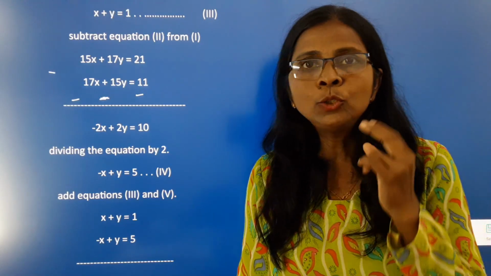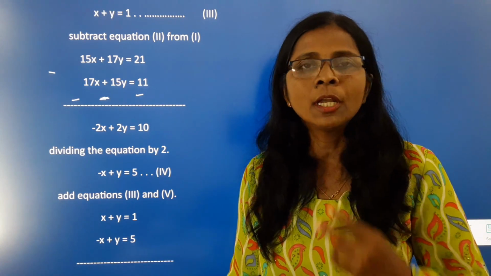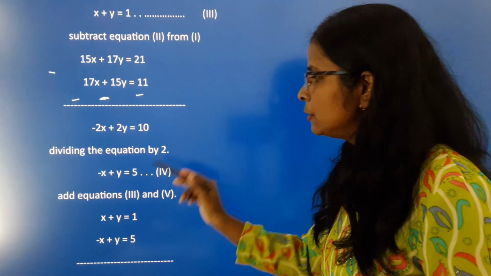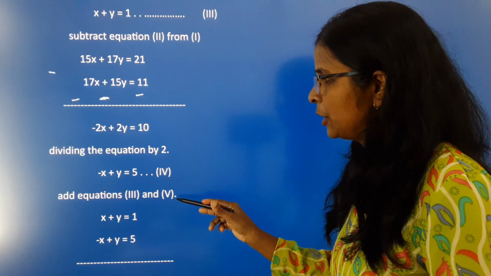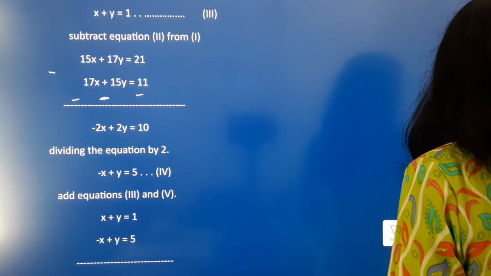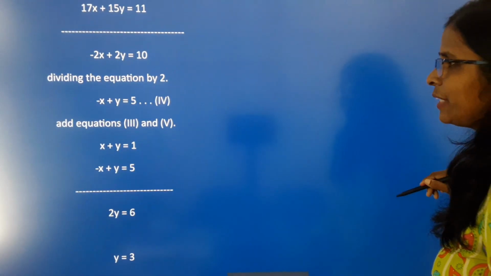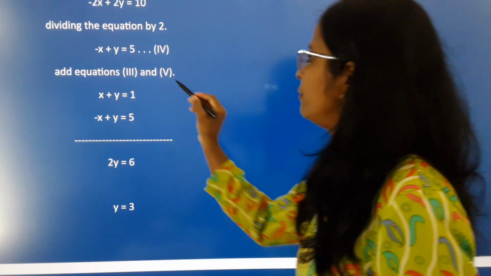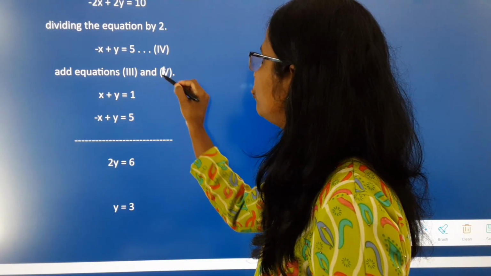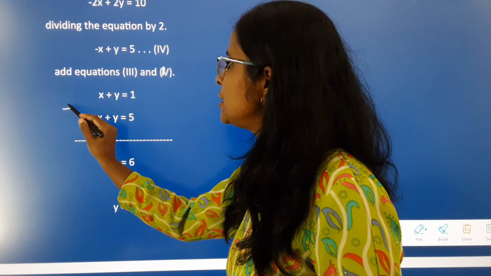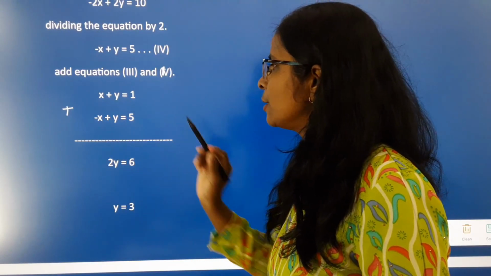Now we have two new equations, the third one and the fourth one. So add the third and fourth equations. x plus y is equal to 1 plus minus x plus y is equal to 5.